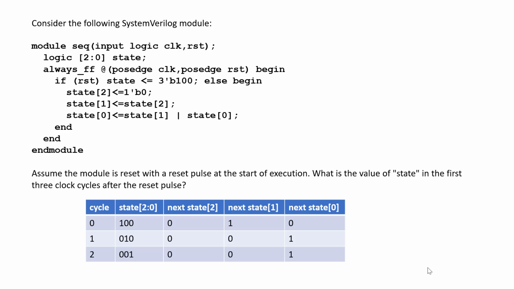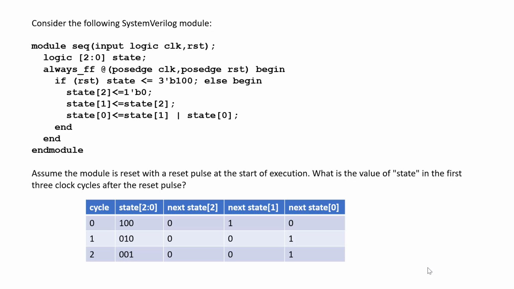Okay, so then on the clock edge, this value will be carried down to be the next value of state. So 0, 1, 0 will then be the current state in cycle 1. Does that make sense? So next state 2 is 0 because it's just hard-coded 0. The next state 1 is going to be the previous state 2, and remember 2 is the most significant bit, so that's 0 here, which makes that 0.